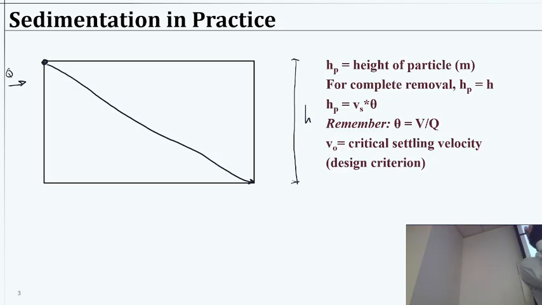For a given class size of particles, some density, some size, as long as we meet that criteria, we're okay. As long as we achieve the right sedimentation velocity versus flow rate and area of this basin, and the particle reaches the bottom in the amount of time that we have, we're good.